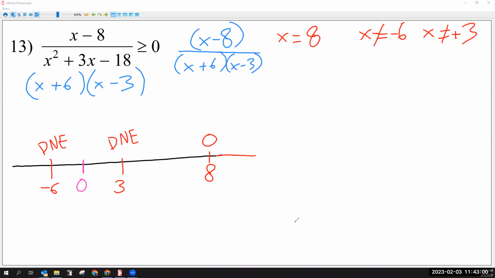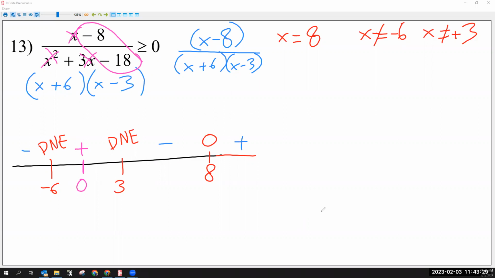Everything that has an X in it just turns to 0, right? So that would turn to 0. That would turn to 0. That would turn to 0. And I'd be left with just -8 over -18. Negative over a negative is a positive. Okay. Assuming it changes signs, which I think we can show on this one, it will. That would be negative, negative, positive.